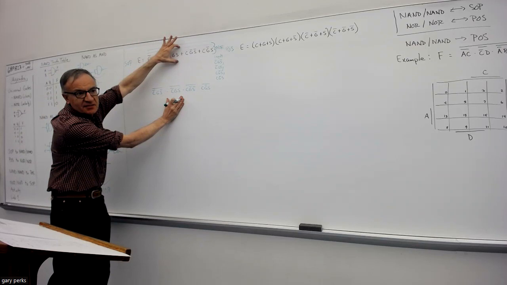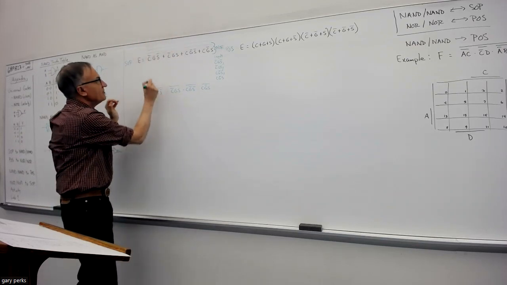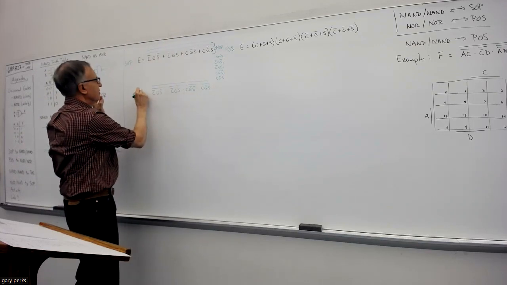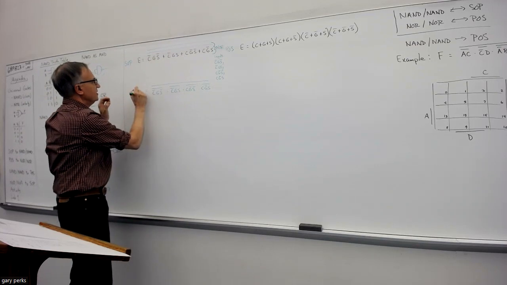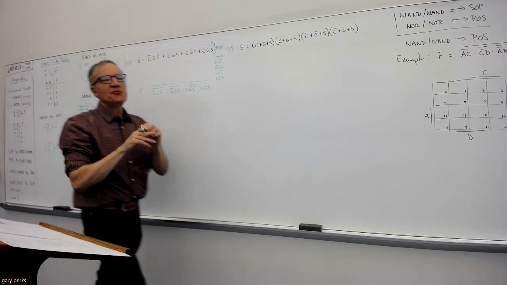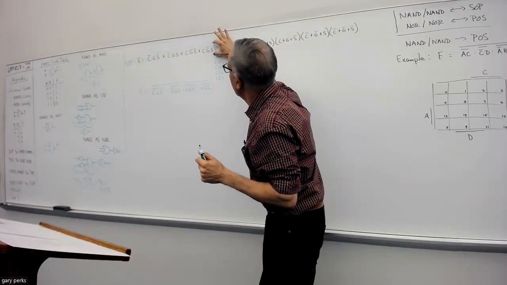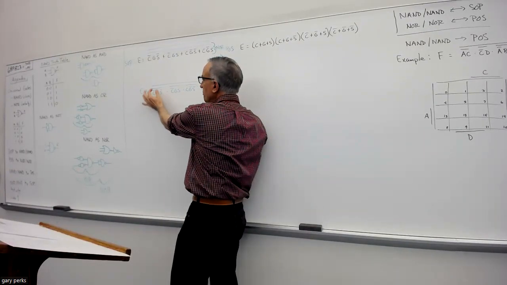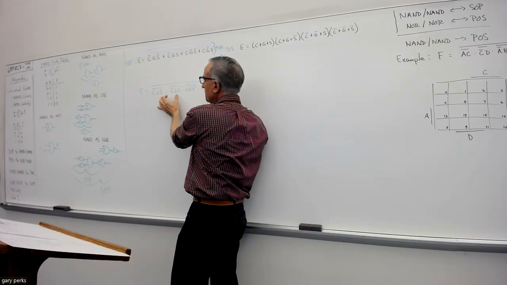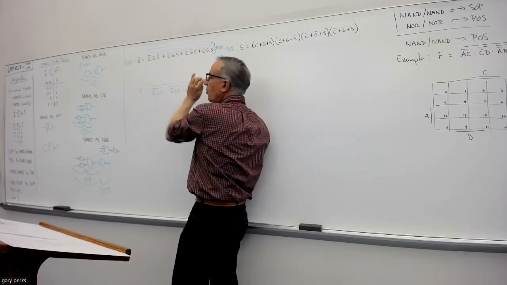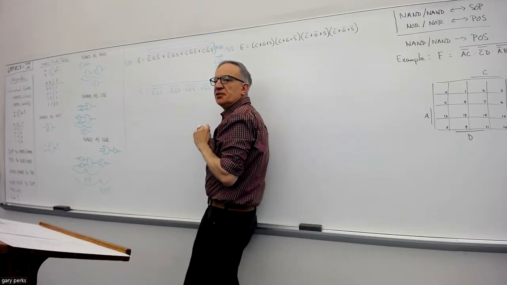You know, that equates to. But I still have this bar. So this bar is still there. So look what I get after I perform De Morgan's on this. Is now I've got these inputs inverted, and with these inputs inverted, and with these inputs inverted, and with these inputs inverted, the whole thing knotted.